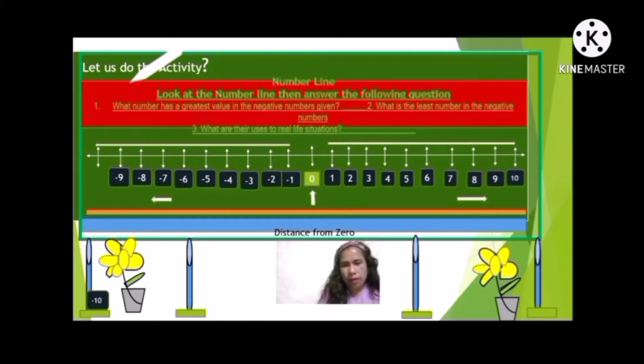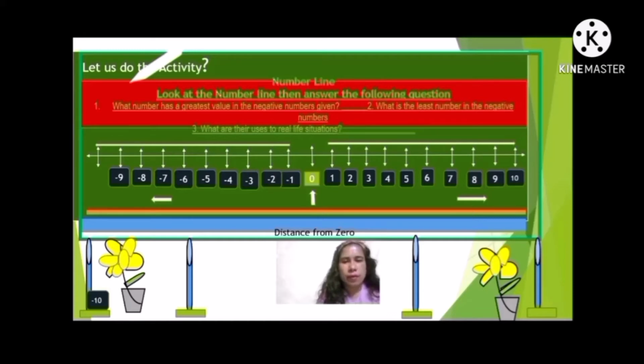We just have a reference of 1 up to 10 because it is just a number line. So the arrow to the left in the negative portion means there are still numbers beyond.